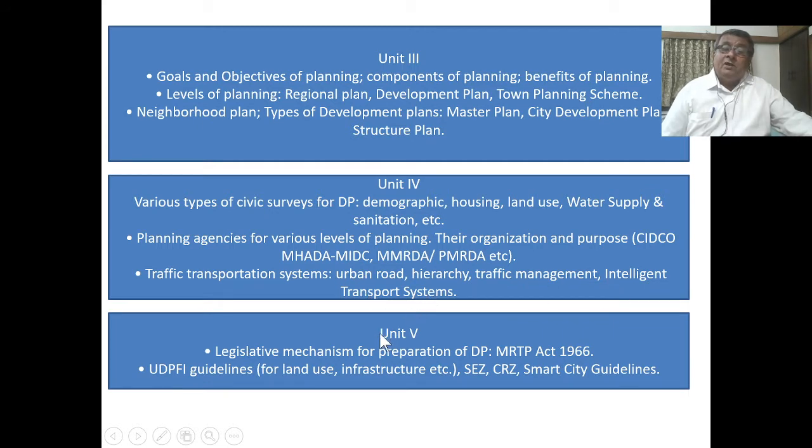Unit 5 contains legislative mechanism for preparation of DP, that is Development Plan, and MRTP Act 1966, that is Maharashtra Regional Town Planning Act 1966. Then UDPFI guidelines for land use, infrastructure, etc. Then SEZ means Special Economic Zone, CRZ Coastal Regulation Zone, and Smart City guidelines.